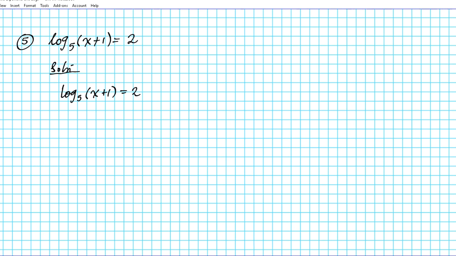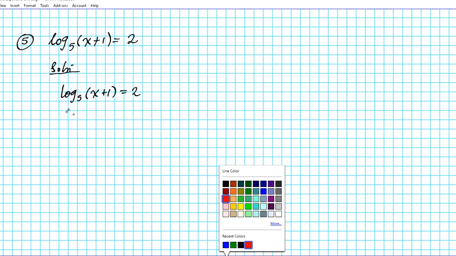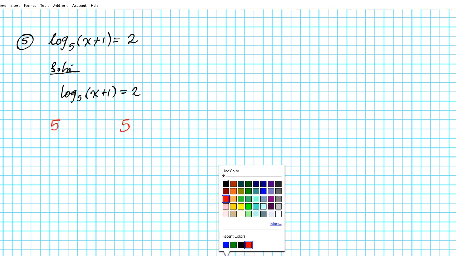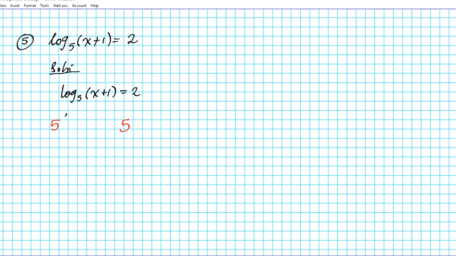We need to get rid of this log using its inverse, which is exponent. The base is 5, so we're going to put a big 5 on both sides. Exponentiate the equation using 5 as the base. So we have 5 to the log base 5 of x plus 1 equals 5 to the second power.